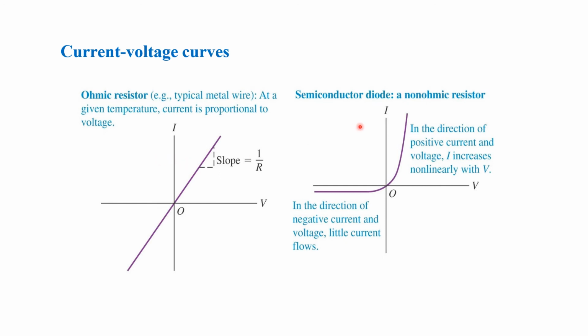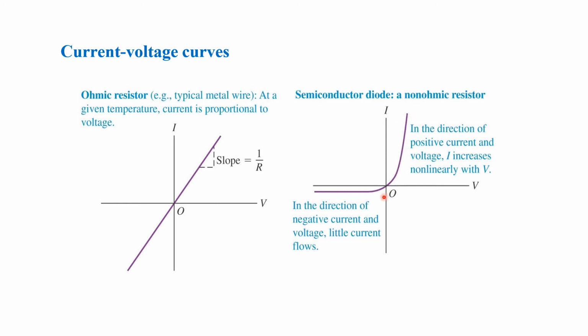But if you have a semiconductor diode, which is a non-ohmic resistor, your Ohm's law will no longer be valid. And you have here the graph of your semiconductor diode. In the direction of the positive current and positive voltage, I increases nonlinearly with V. Initially, it increases exponentially, and there is a surge of increase of your current as you increase your voltage.